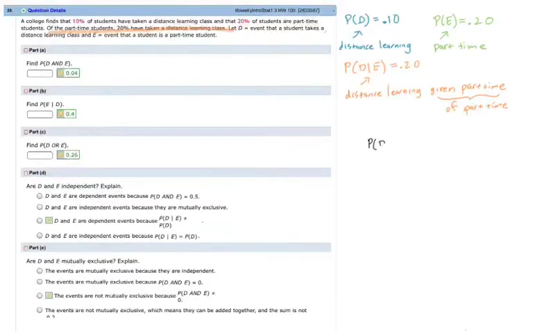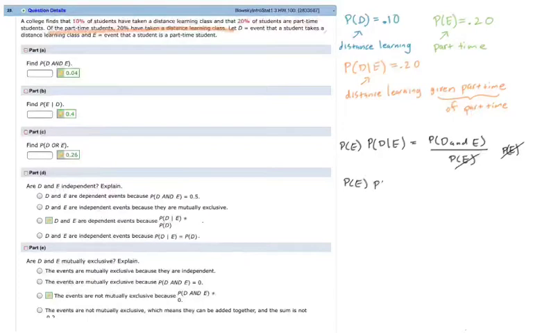Some other algebra stuff here. If you do the probability of D given E, here's our formula for this over that. Now, if I wanted to rewrite this and solve it, if I have a fraction, I have to multiply both sides by the denominator to create a factor of 1. So if I multiply both sides by probability of E, on the right side, I get that factor of 1.